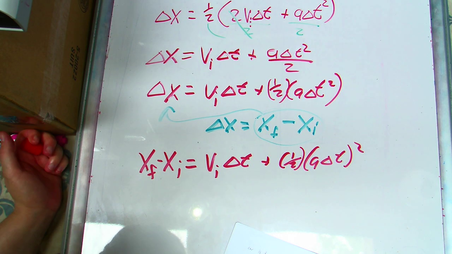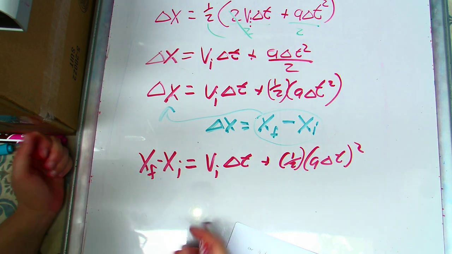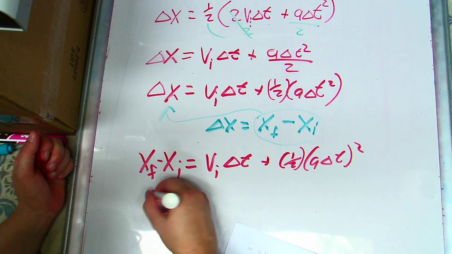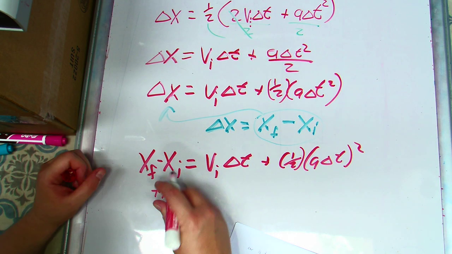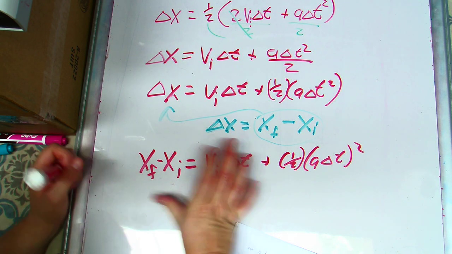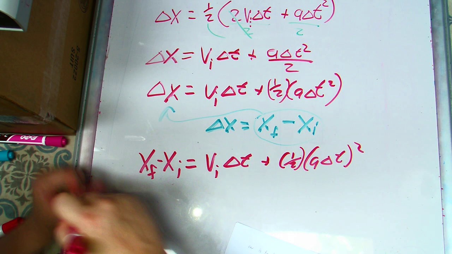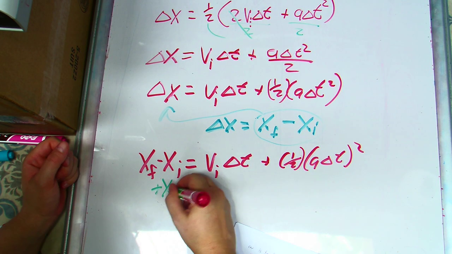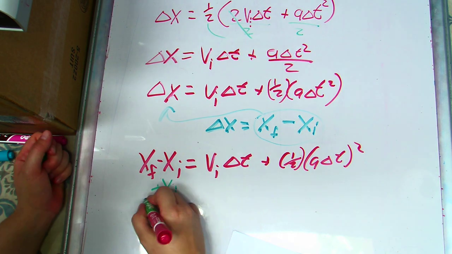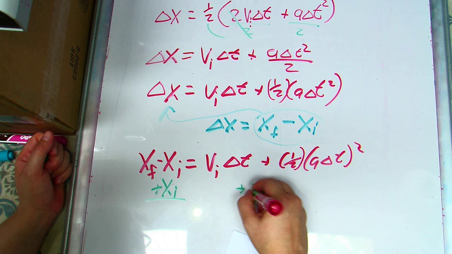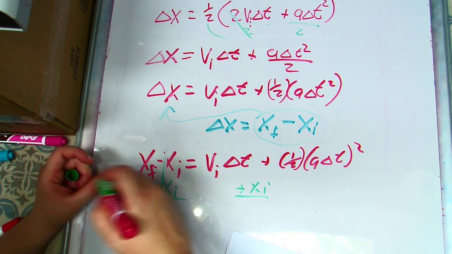Alright, well now I've got to just simply get xf by itself. So to do that, I'm going to add the initial x to both sides. So it'll cancel out on that side.